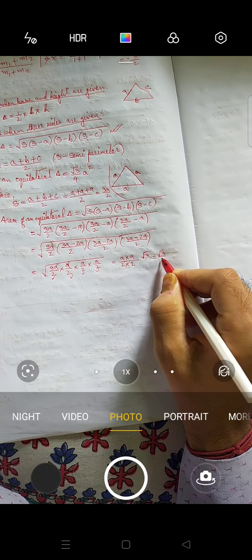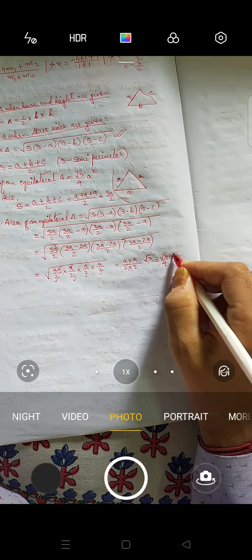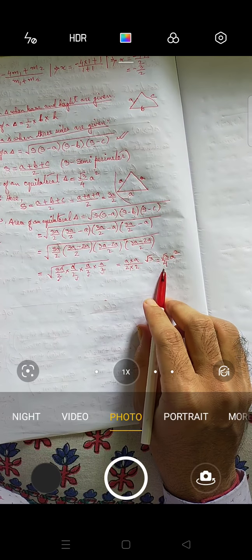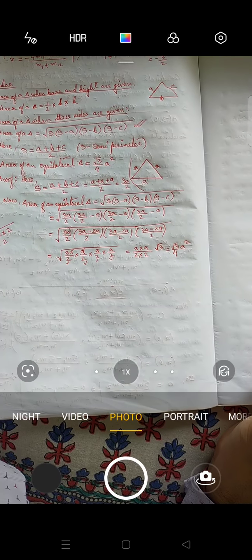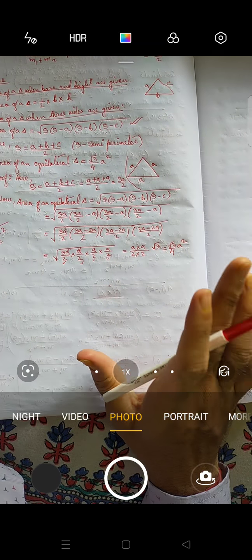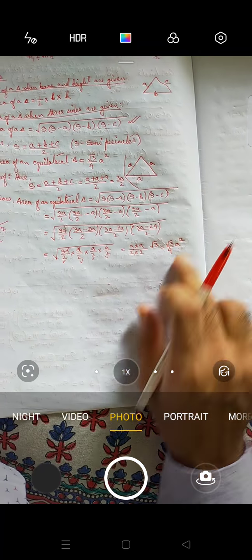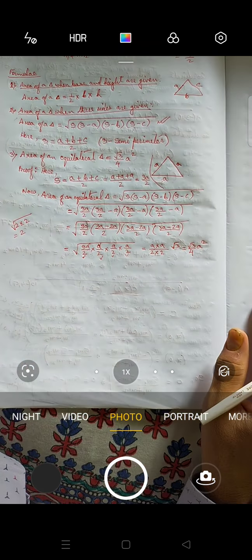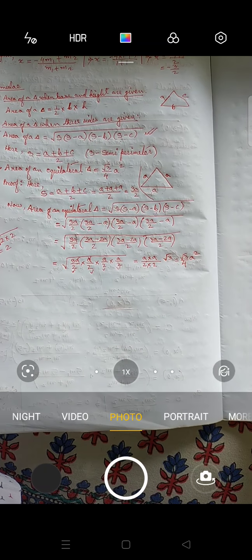So I can write 4 in the denominator. Now A into A is A square. So I am having root 3 by 4 A square. Any problem? So this is your area of an equilateral triangle, root 3 by 4 A square. So this way you will get your answer. So write this one in your copy.